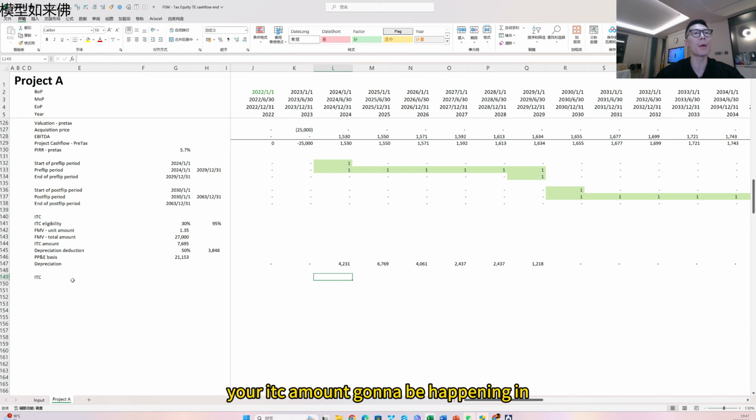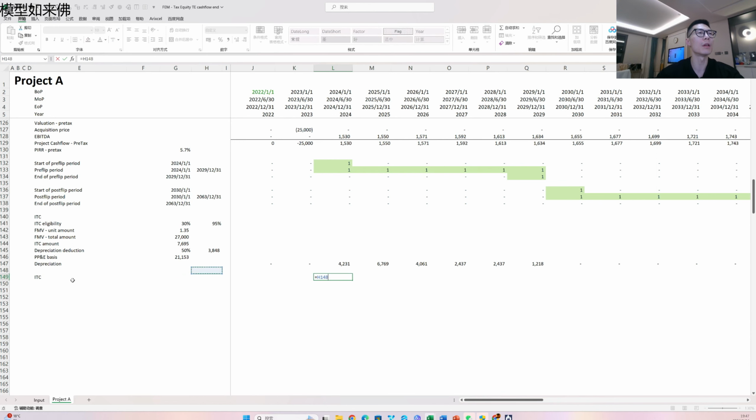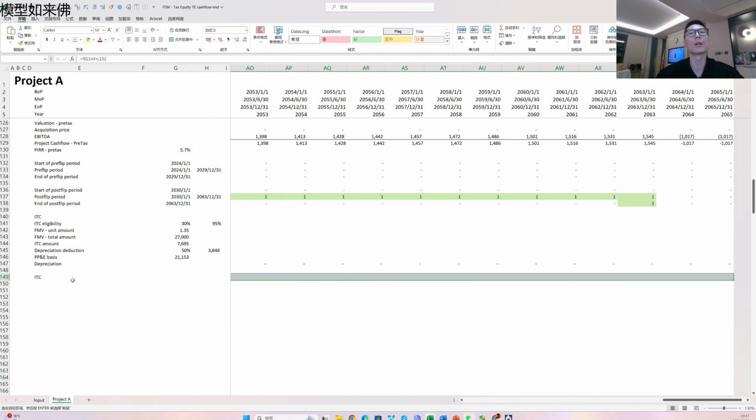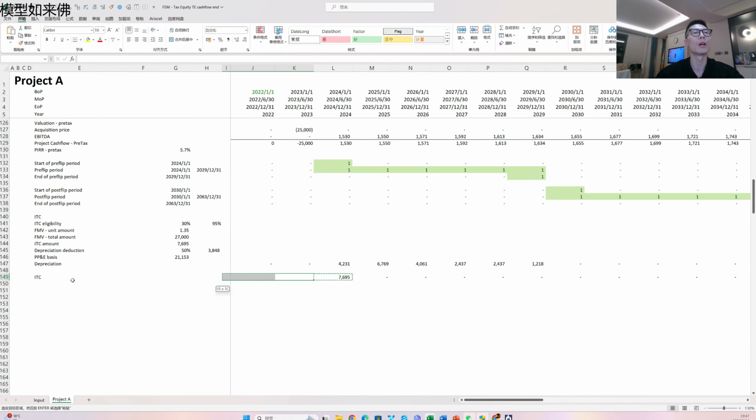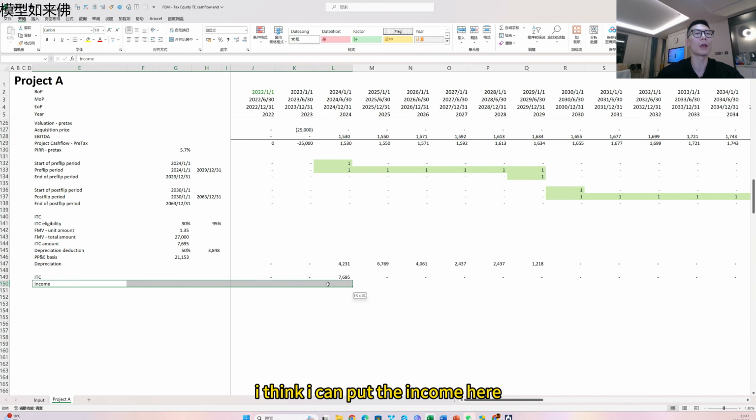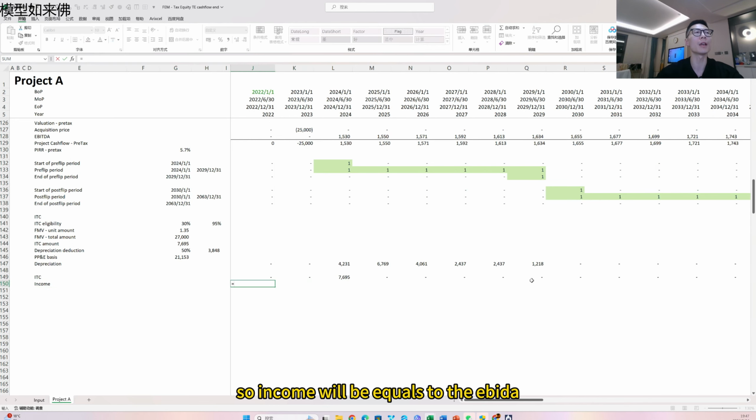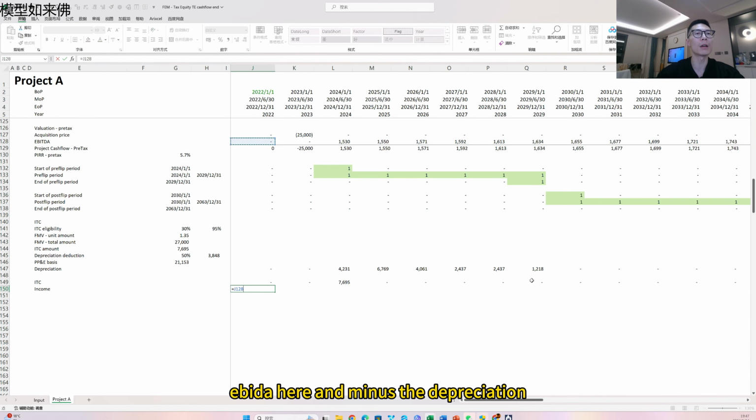Your ITC amount is gonna happen at the start of the flip. And your income will be equal to the EBITDA minus the depreciation.